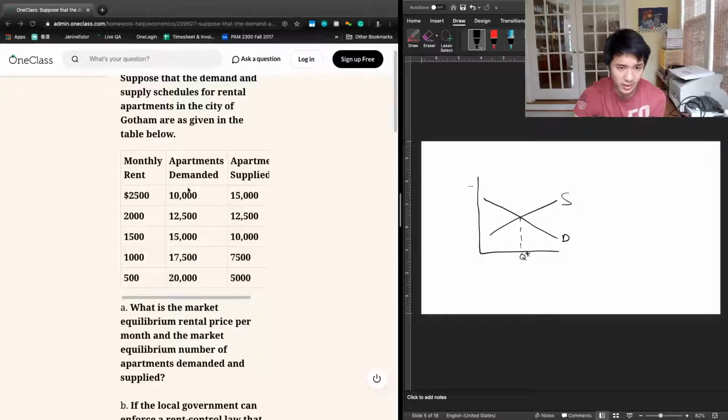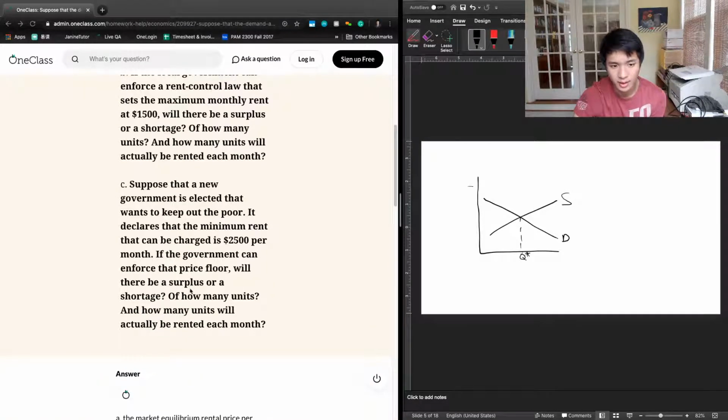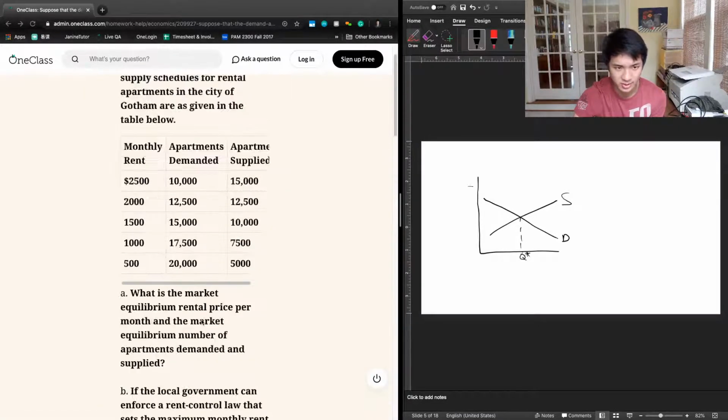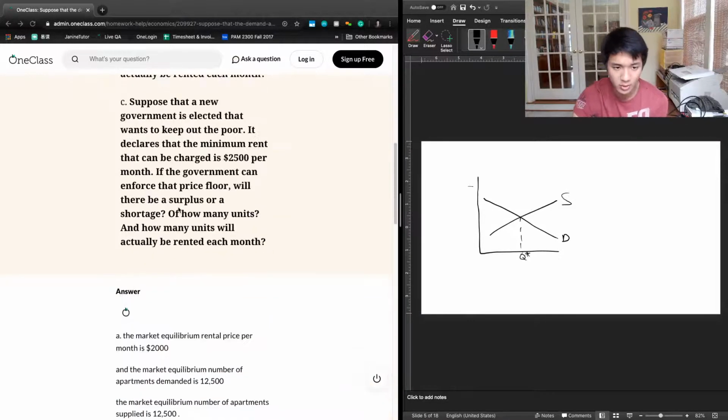We're going to have too little demand for too much supply. 10,000 apartment units demanded, 15,000 apartment units supplied. There's going to be a 5,000 unit gap of apartments that go unsold. And so how many units will actually be rented each month? It'll be 10,000. We can assume that because there are so many apartments being supplied, anybody who's willing to rent one is going to be able to find one, and so there'll be 10,000 units rented. Okay, so that's the answer to each question.